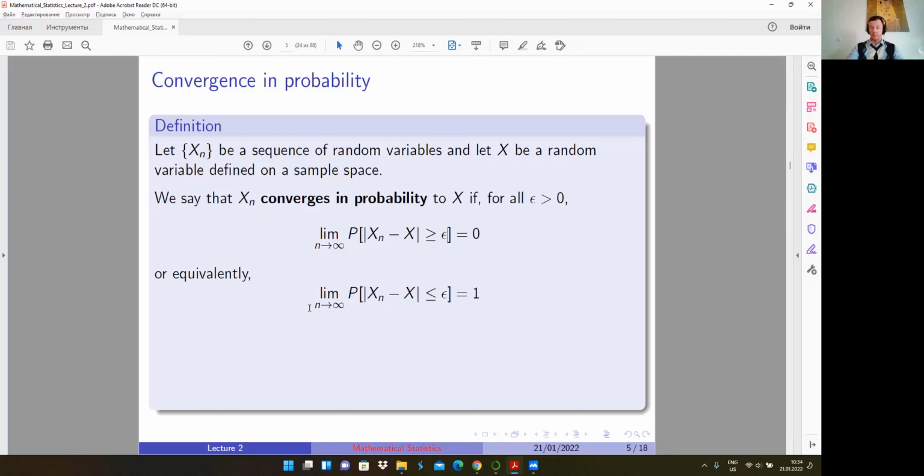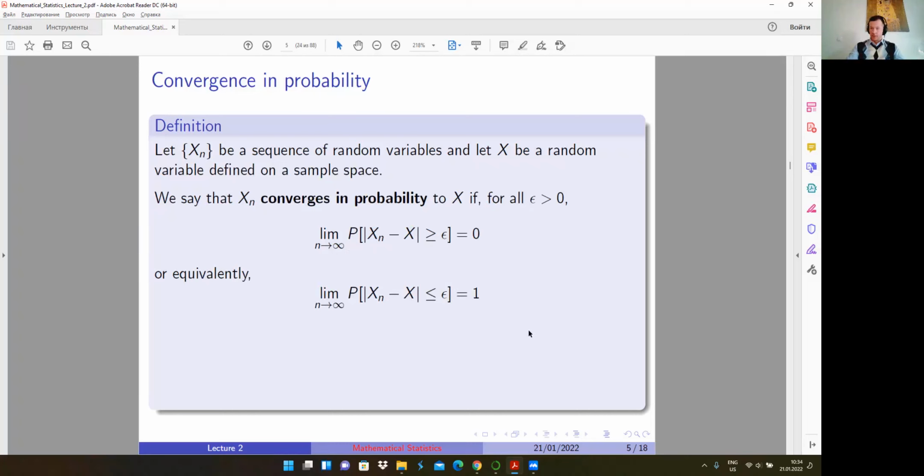Or vice versa, the probability that this deviation is less than the desired value epsilon tends to 1.